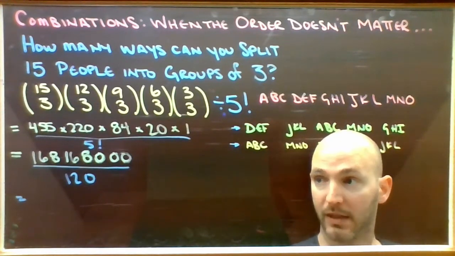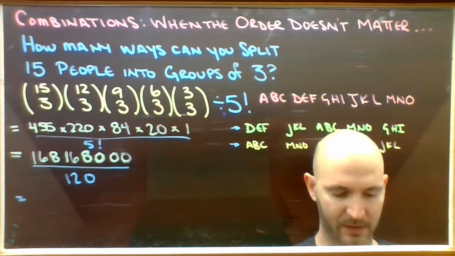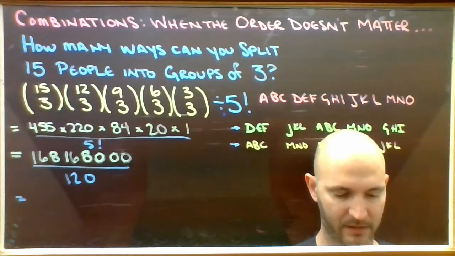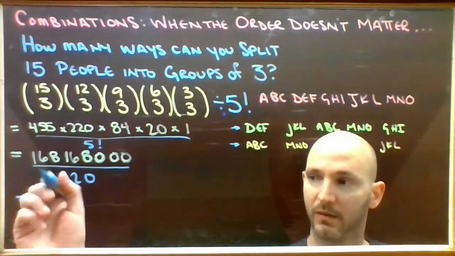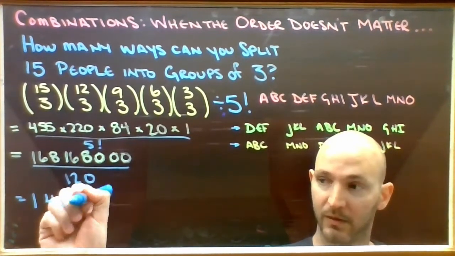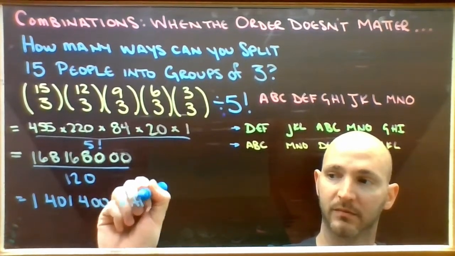Let's see, 168,168,000 divided by 120 is 1,401,400 different ways.